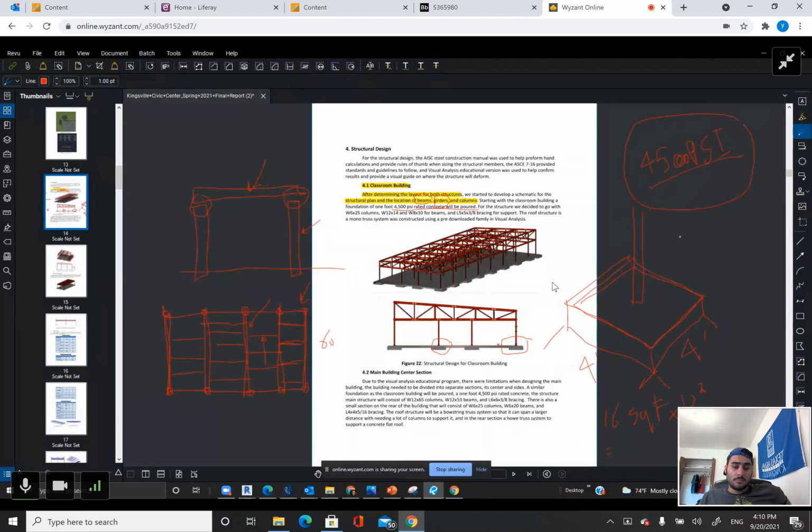That's roughly 2,300 square inches. Now, times 4,500 psi, that means that footing can carry 10 million pounds of weight. Does that make sense?